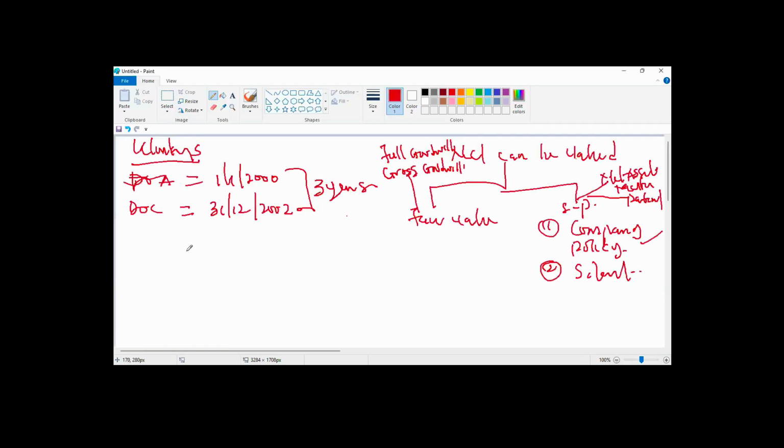Now, look at it. The first adjustment you will take care of is fair value adjustments, because the net assets must be at fair value according to IFRS 3.